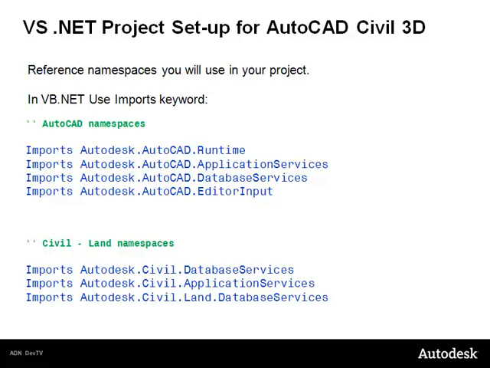At the basic level, we need to import certain AutoCAD namespaces to access the AutoCAD application, AutoCAD editor, and runtime for command registration, accessing the editor, etc. To access the various Civil 3D objects, we need to import the appropriate namespaces. Reference of these are available in detail in the Civil 3D .NET API help file.